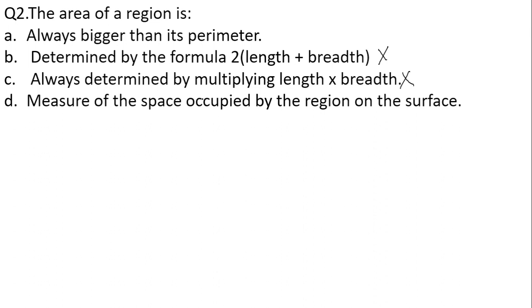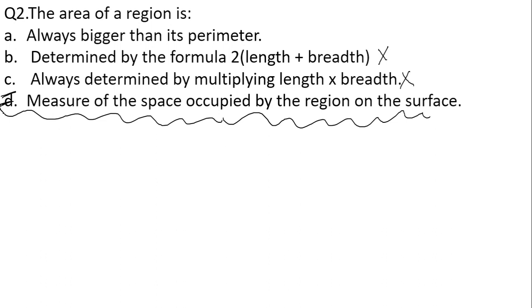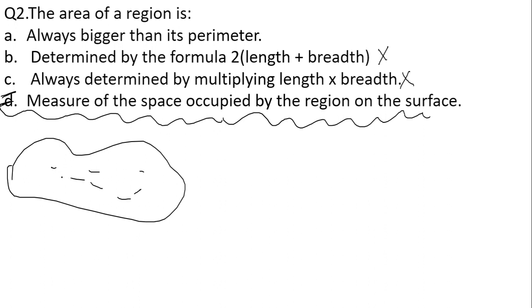Now, always bigger than its perimeter, let us keep it aside. And the measure of the space occupied by the region on the surface: I have explained that the space enclosed in any shape is nothing but the area. It means the correct option is going to be option D.